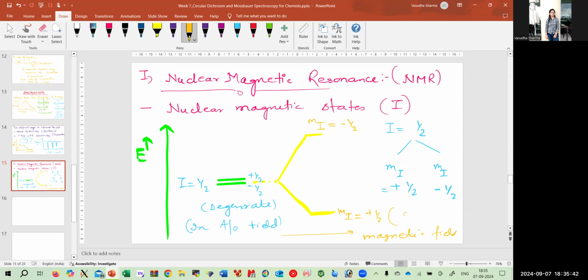One aligns with your magnetic field, and the other is opposite to your magnetic field, and the total difference between these two would be the H. This difference matches when we provide a radio frequency in NMR. When it absorbs the frequency, the transition from the ground Mi level to the excited Mi level happens, and therefore you see a signal.